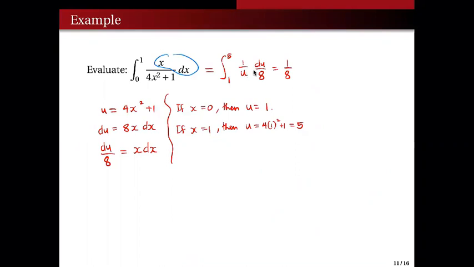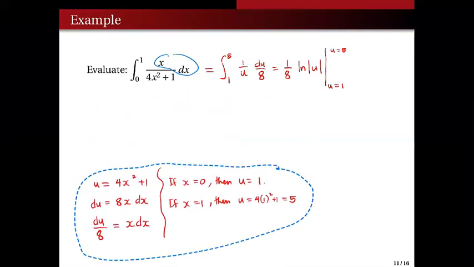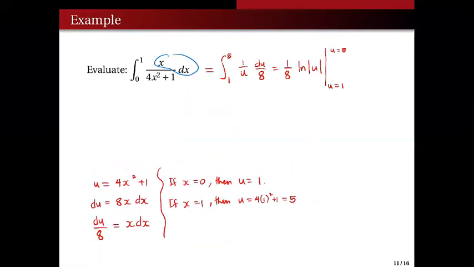The integral of 1 over u du, that's just ln of the absolute value of u. And since we did complete substitution here, I will evaluate this now at u equals 1 up to u equals 5. And evaluating, it's just the usual now. It's the usual fundamental theorem of calculus, second statement.